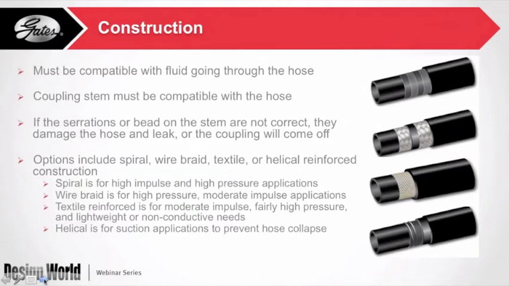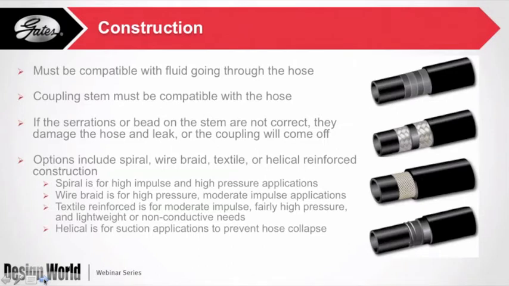If it's a CPE tube stock hose, that tells me either I've got a chemical application or I may have a high temp concern. So I want to make sure that my coupling O-ring is going to have that same compatibility. So if I've got a CPE tube and I put a Viton O-ring, for instance, in the coupling, then I'm assured that I'm going to have that temperature resistance that's going to match the coupling and the hose.